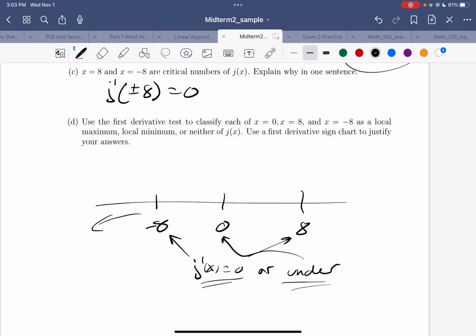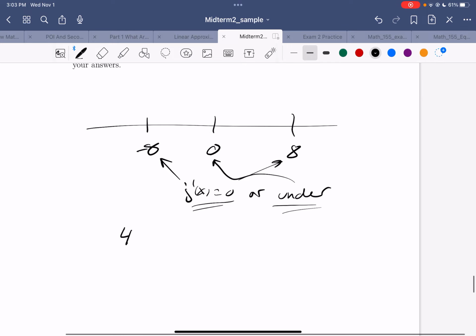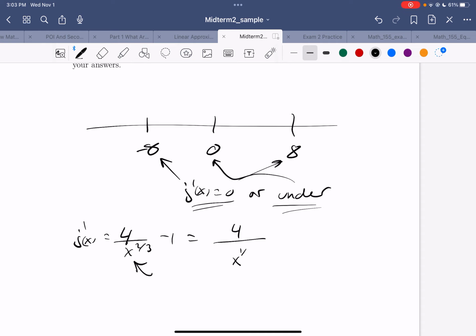So this region over here represents all the numbers less than -8. Let's remind ourselves what j prime is. J prime of x is 4 over x to the 2/3 minus 1. Let me rewrite this in a way that emphasizes what's happening. If you plug in a super big negative number, we're squaring it.